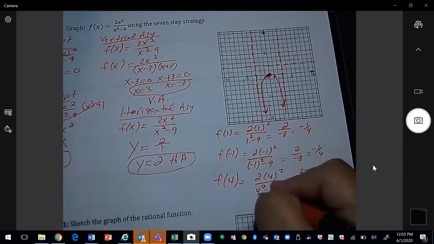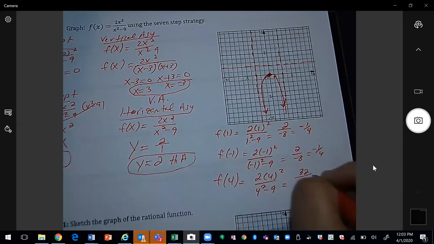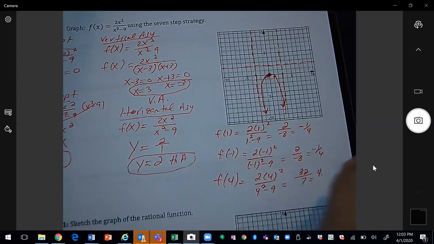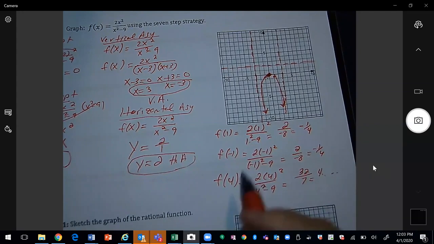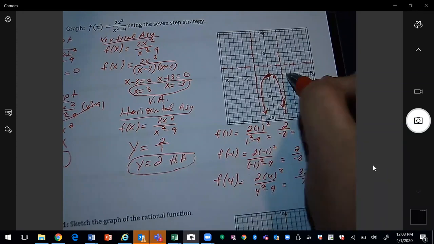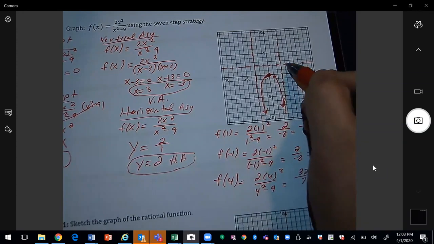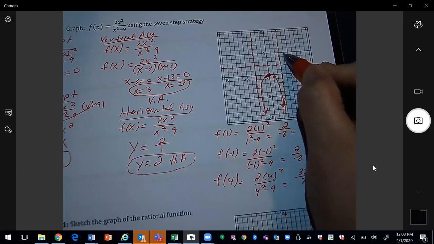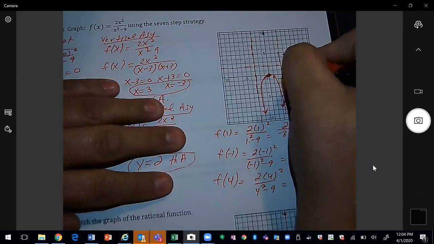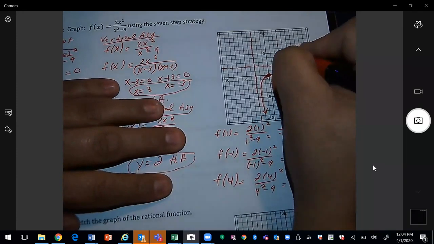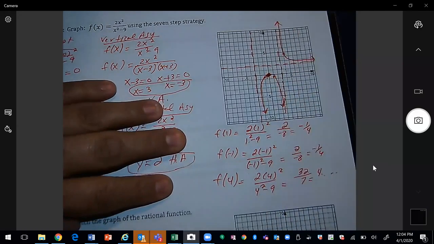And then 16 minus 9 is 7. So this is going to be 4 point something, 4.5 or something like that. So whenever x is 4 right here, we get 4 something, like somewhere up here. So I know that this graph will get closer to this line here, and then this one will get closer to this line here.